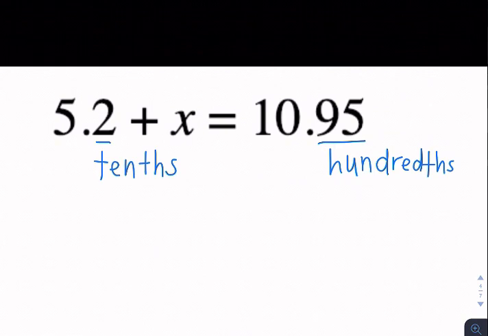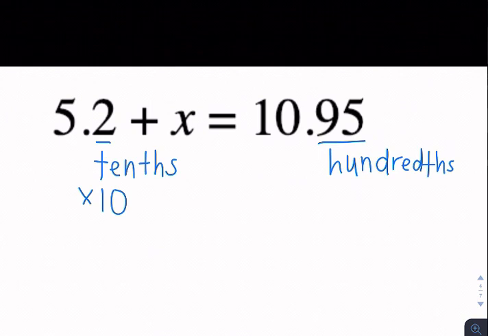Okay, so in order to get rid of my decimals, I have to go with the bigger number, and I'm going to tell you what I mean by that. To get rid of a number in the tenths place, I multiply by 10.